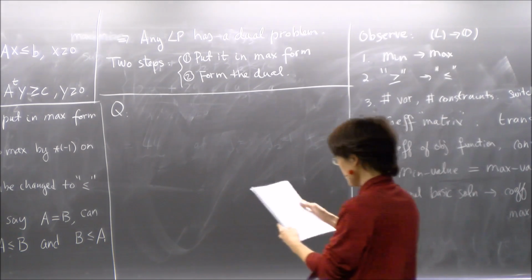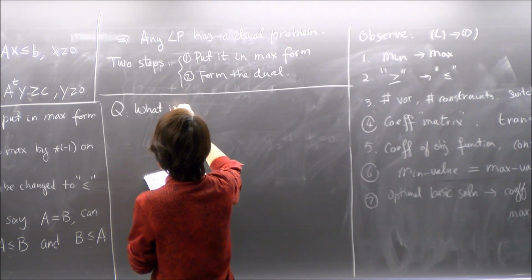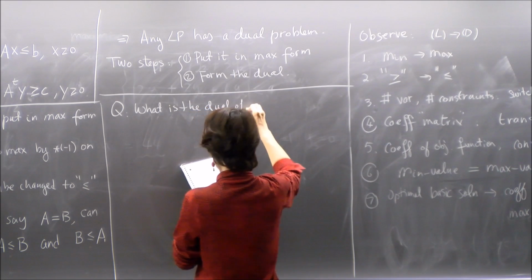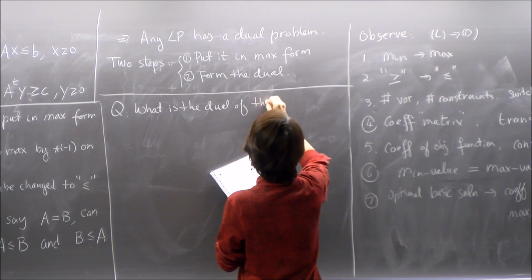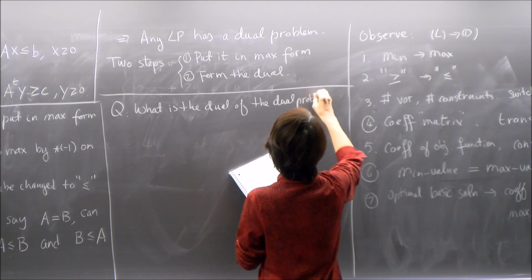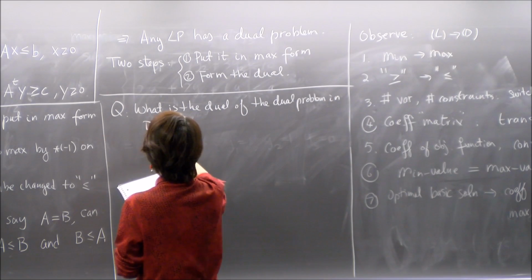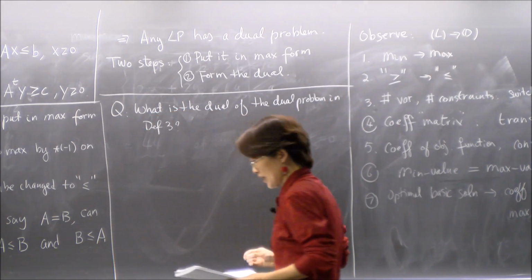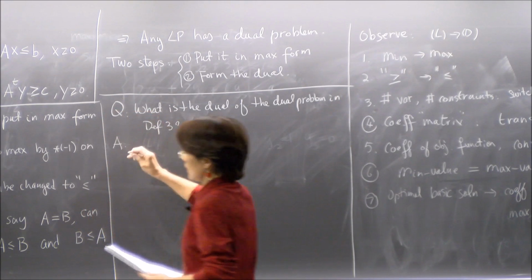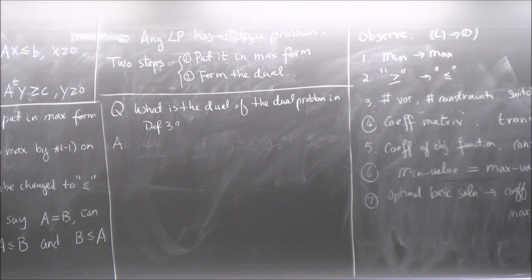So the question I want to ask is, what is the dual of the dual problem in definition 3? A way to find this out will be going through this procedure and finding its dual and seeing what we have.